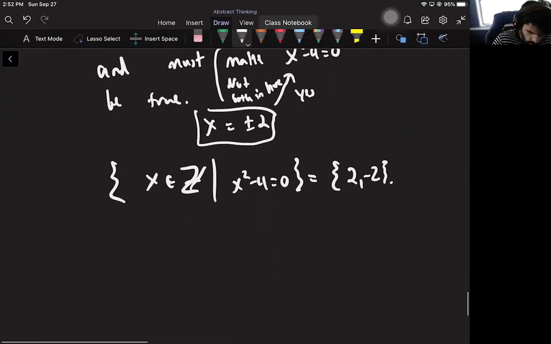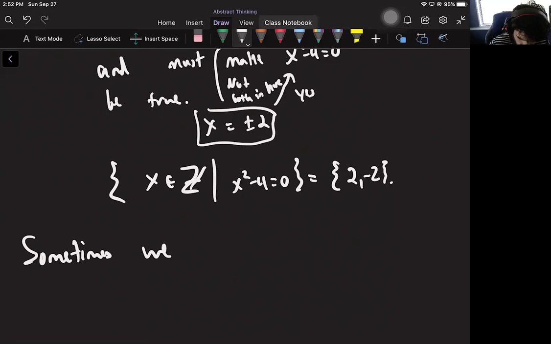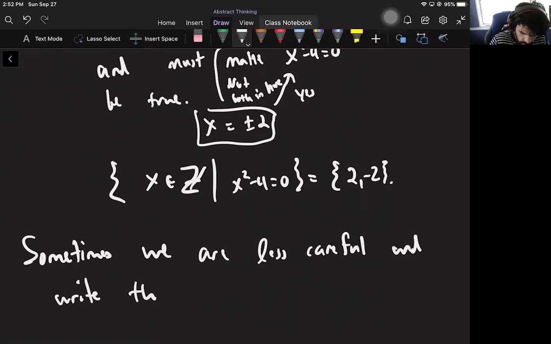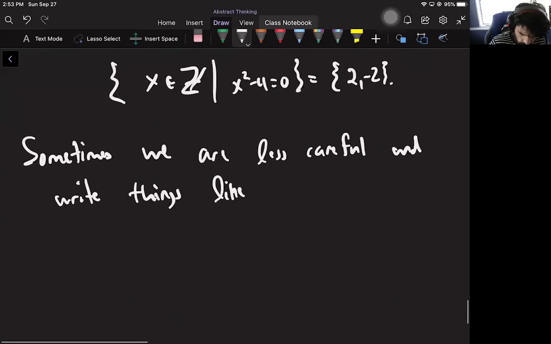So then just one more little remark. I know it's a lot of notation all at once, but sometimes we actually are a little lazy with the notation. So we are less careful and we write things like this. Sometimes you don't say what kind of thing X is over there.